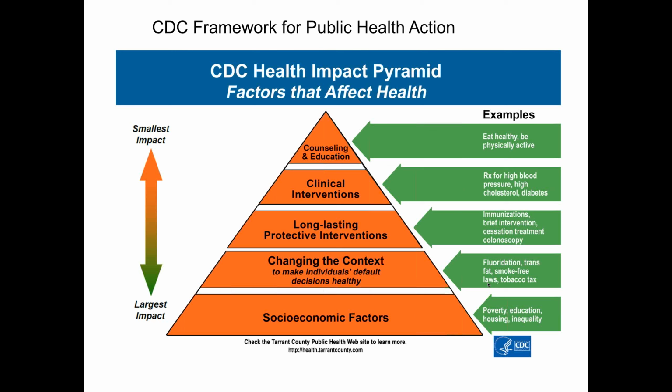Those all change the context that individuals live in and have larger impacts than the other interventions near the top of the pyramid. And finally, at the bottom of the pyramid, socioeconomic factors including poverty, education, housing, and inequality, changing those has the potential to have the largest impact on population health.